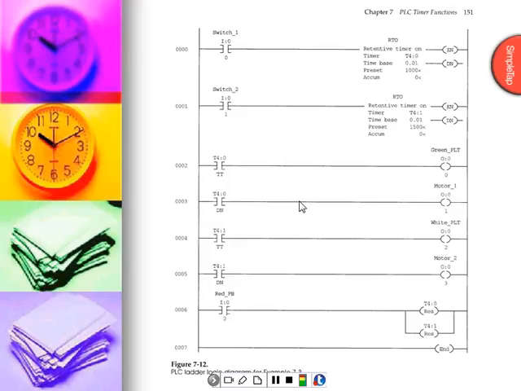Okay, I get 5 seconds in and I open switch 1. What happens? Does everybody see that? Because this is a retentive timer, everything stops, but it stays where it is.